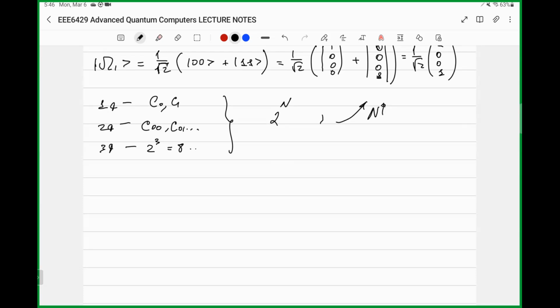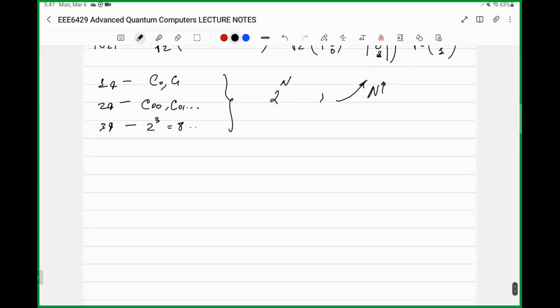For example, if you take just 50 qubits and put them together and make them interact, they will create an entangled state. It will be something like 0, 0, 0, and so on, n times, plus the state 1, 1, 1, and so on, 1 n times, right?